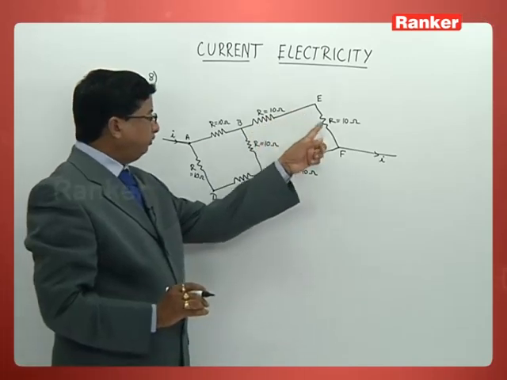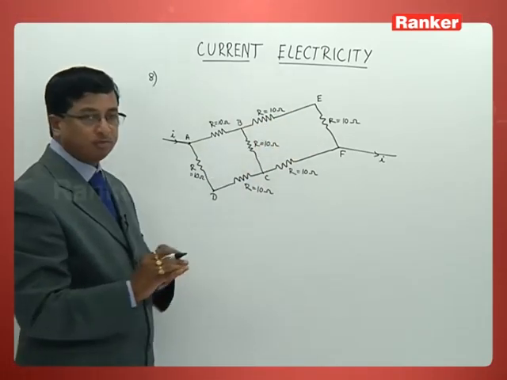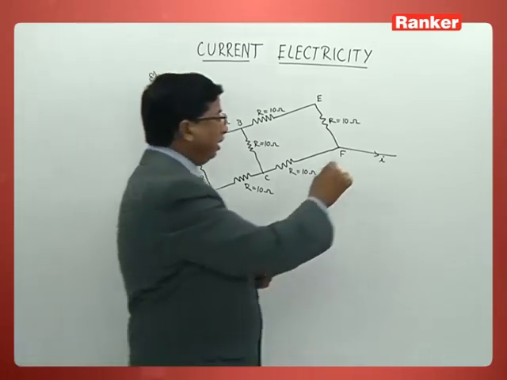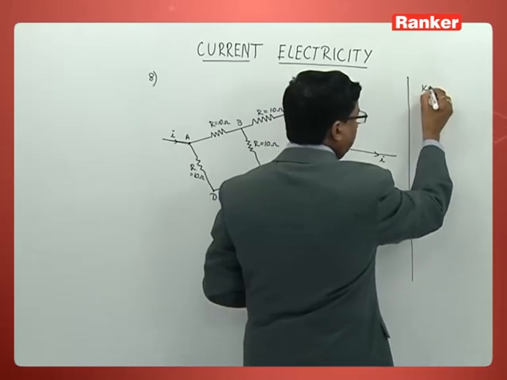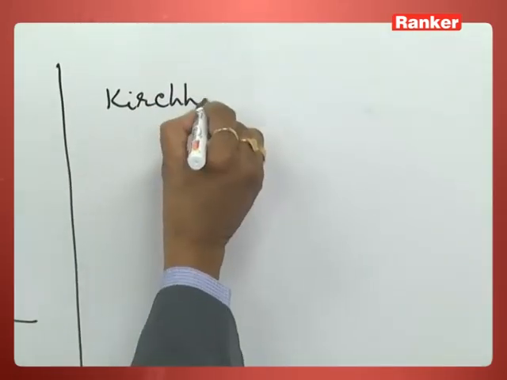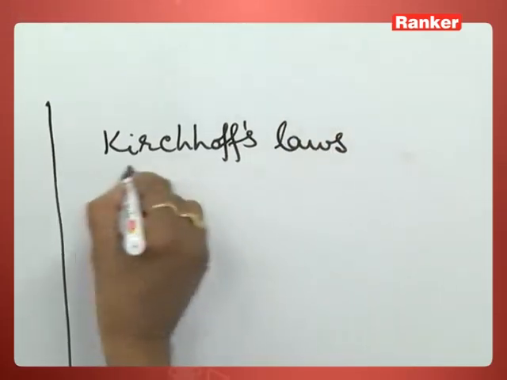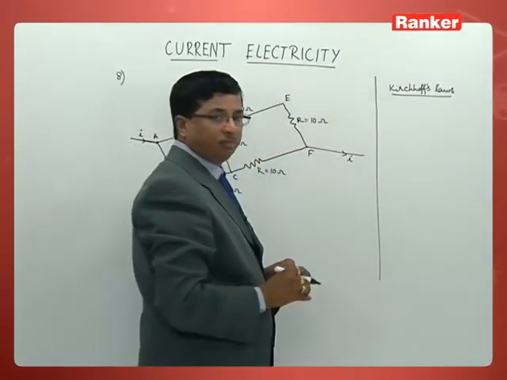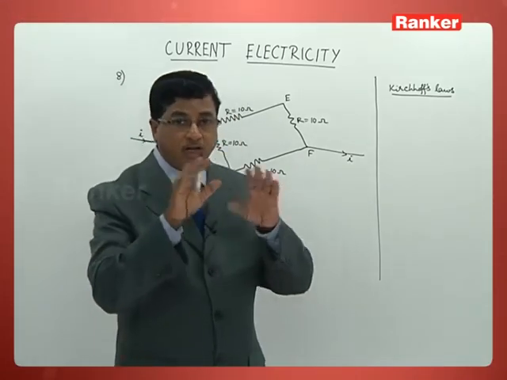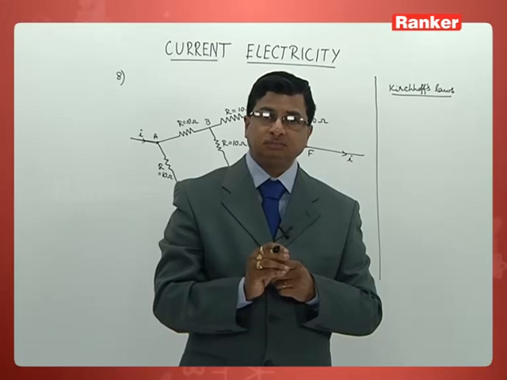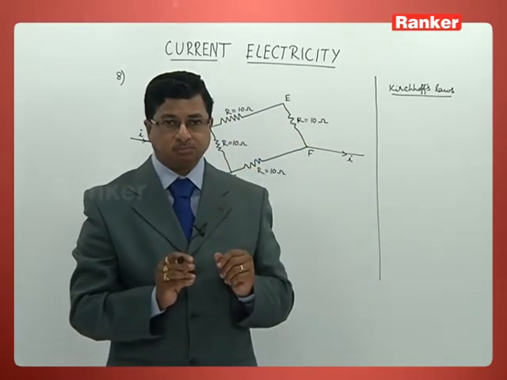What is the basic concept we need to know to solve such model questions? All of you are familiar with the concepts of Kirchhoff's laws. Any circuit, whenever you want to analyze that circuit, we prefer taking Kirchhoff's laws.